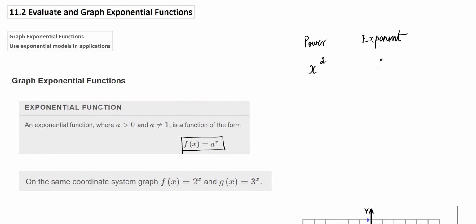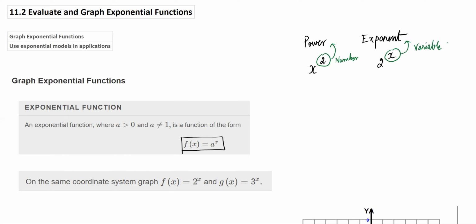Now, if I have 2 power x, then the power x, I would rather call it an exponent because it's a variable. We call it power if it is a number, any number, fraction, negative number, anything. And we call it an exponent if it is a variable.